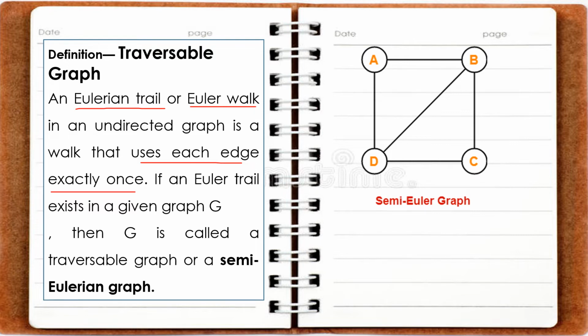So whichever vertex we started at, it's not necessarily that we will end up in the same vertex.